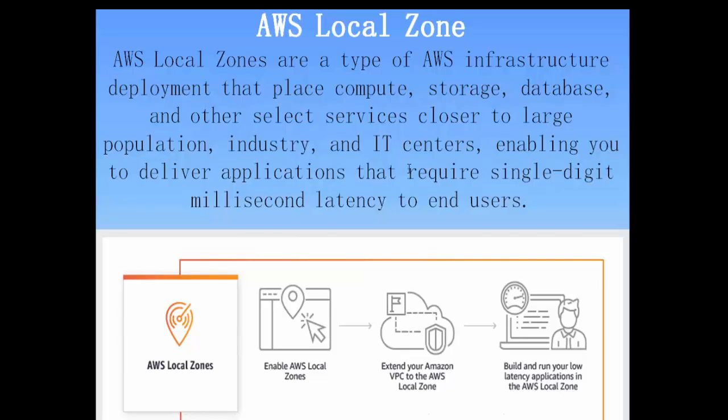Suppose this region is in Hyderabad, and I'm working from Bangalore. It's a big metro city with a lot of IT industry and a lot of users available. Data centers, big industries are there, IT industries are there. So if they access the data from Hyderabad, it can increase our latency time.